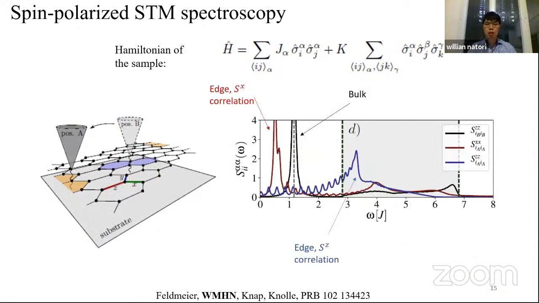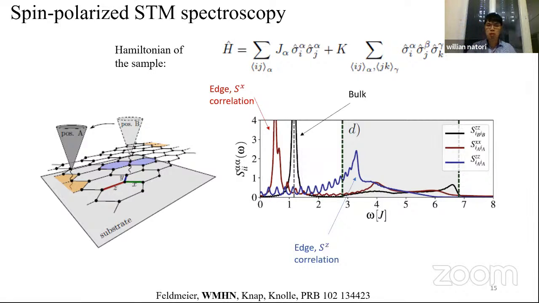As a test, we of course used the Kitaev Hamiltonian with the 3-spin term. And we considered the case in which the Kitaev couplings are isotropic, and kappa is 0.2 times J. One thing about the STM is that you can move the probe around your sample.